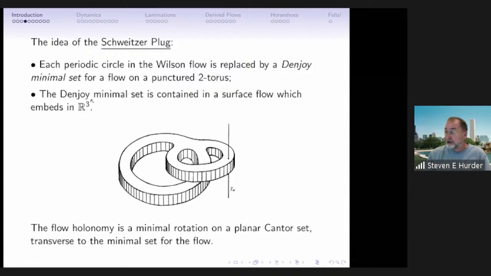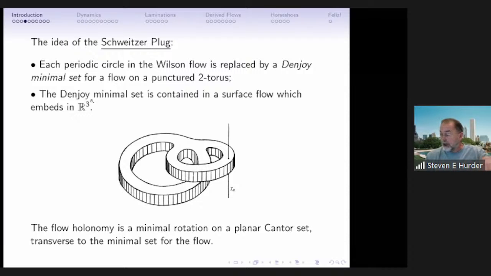Now, that's not easy to do unless you take the torus, which carries it, but the minimal set has an open complement, so you could take out a point and get the surface you see. And now the flow, and I didn't try to draw it, I stole the picture from Paul's paper, goes into this plug, looking like a double ring, and spirals around forever. As it goes vertically, the trapped orbits spin around.